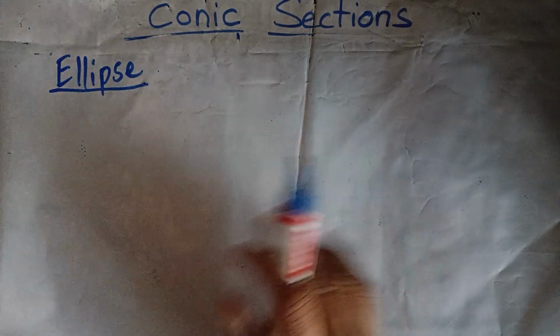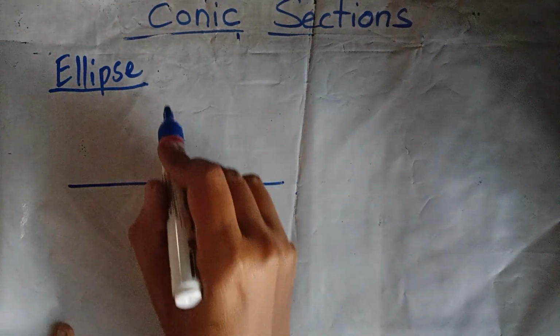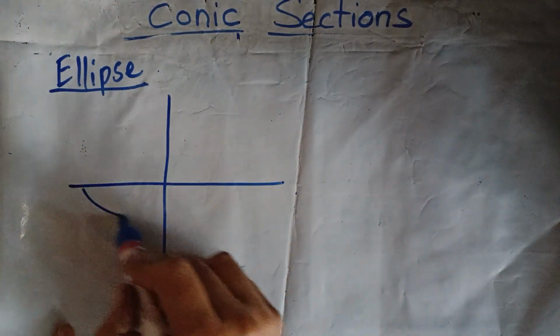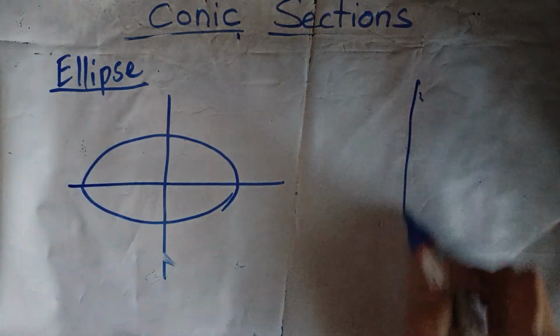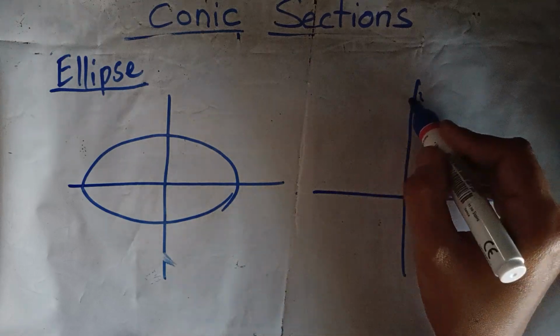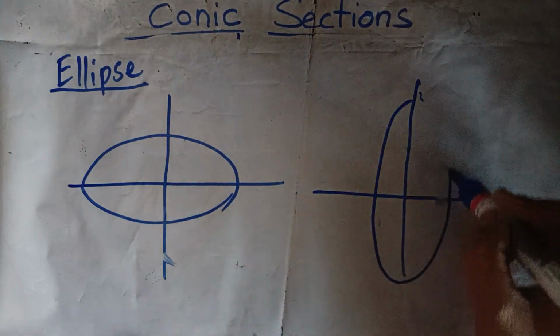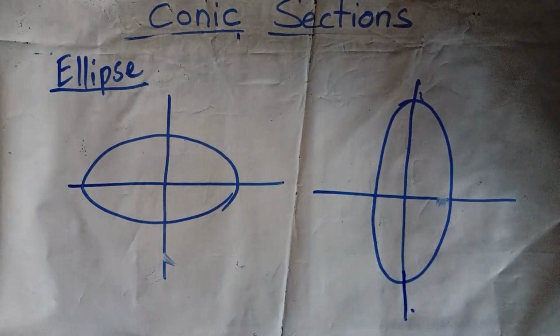Let's see the standard equations of an ellipse. There are two types of ellipse. The first one is our horizontal ellipse, and the second one is the vertical ellipse.